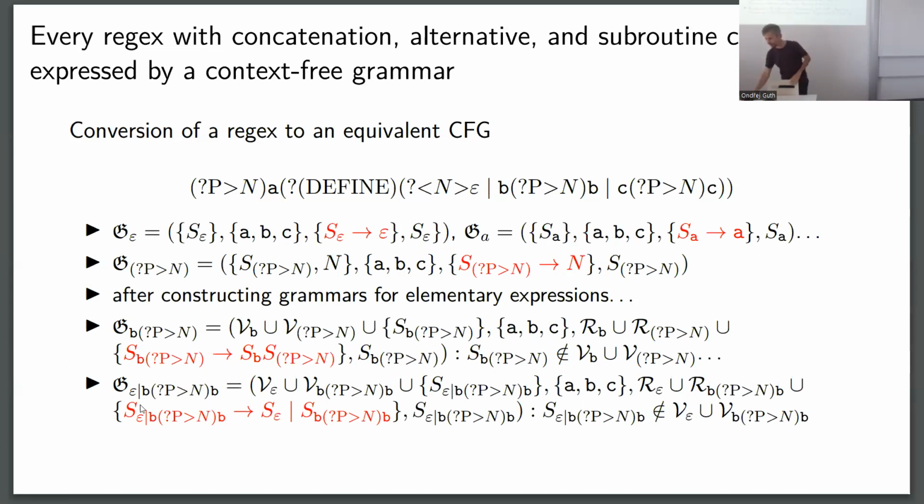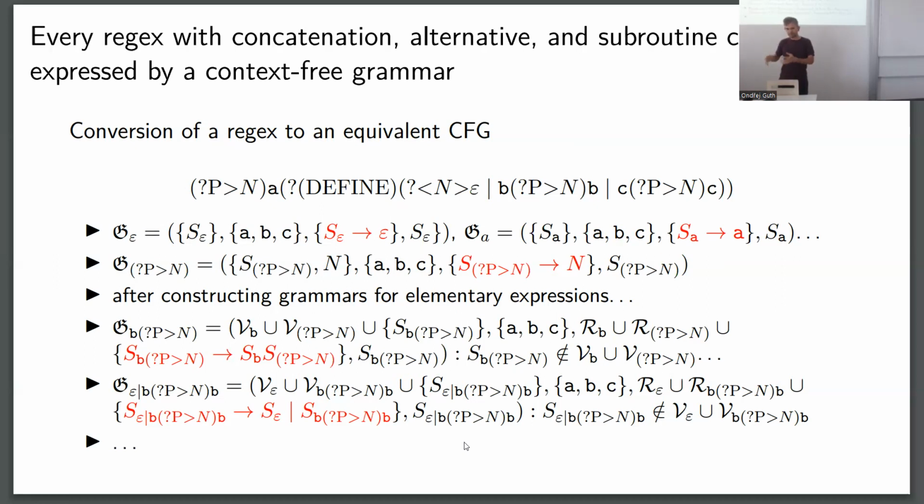So alternative means one or the other, using those initial non-terminals. Because there is no other construct possible in that type of regular expressions, and the define rule doesn't do anything, we can almost ignore it. Again, this way we can iteratively construct the grammar for the whole expression, which expresses the original language.